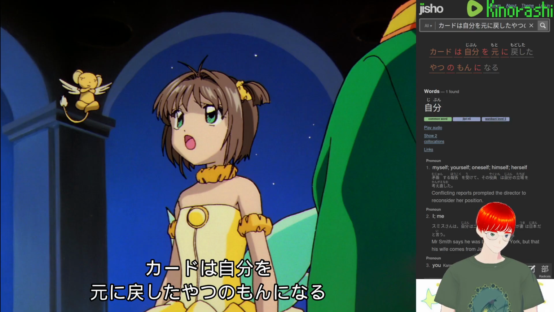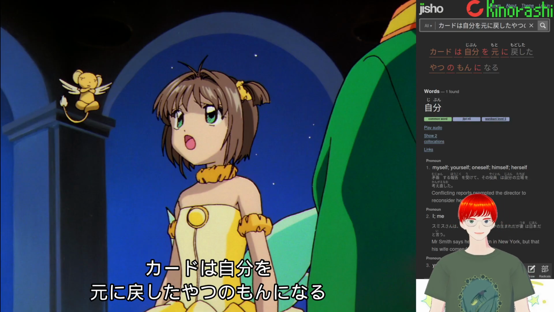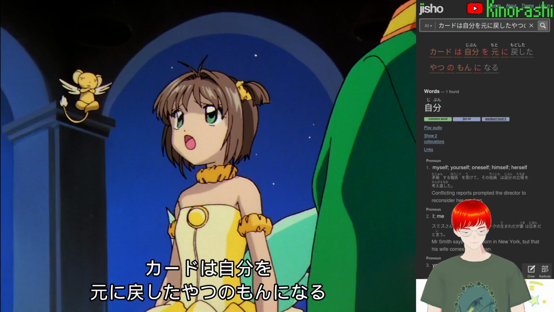The cards do have a will of their own. So if the cards have a will of their own, then jibun definitely refers to the cards. So even though the speaker is not the card, they are using jibun to express the condition from the card's perspective. This is a common narrative device in Japanese when an object has agency or a will.